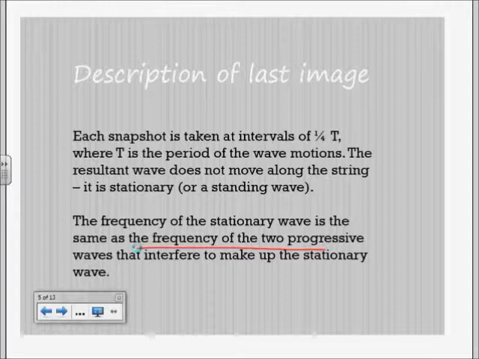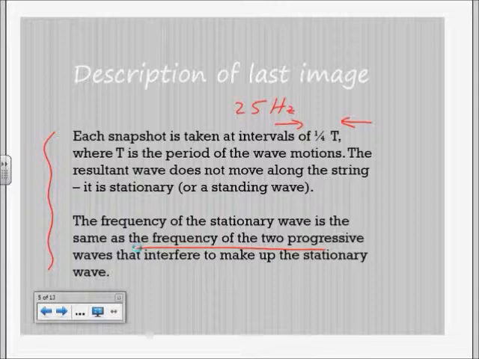So if you had two waves, each with a frequency, let's say, of 25 hertz, one traveling that way and the other one traveling that way, then the stationary wave would also have a frequency of 25 hertz as well. So I think that could be put down there underneath the previous diagram.